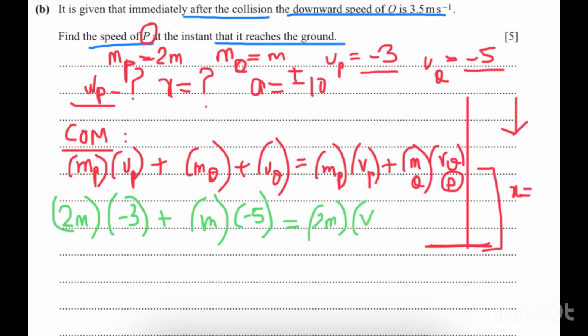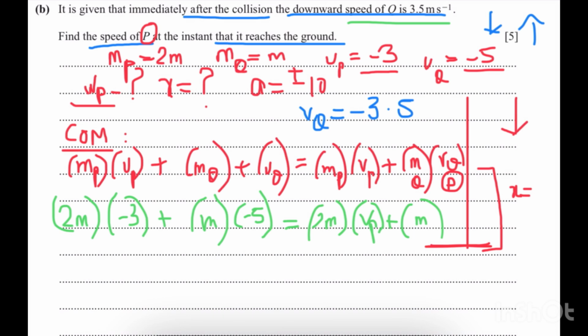So velocity of P is unknown again. Then mass is equal to m. Now they have given us the downward speed of Q as 3.5. What that means is that the velocity of Q will be minus 3.5, since we established the upward movement as positive and downward as negative.